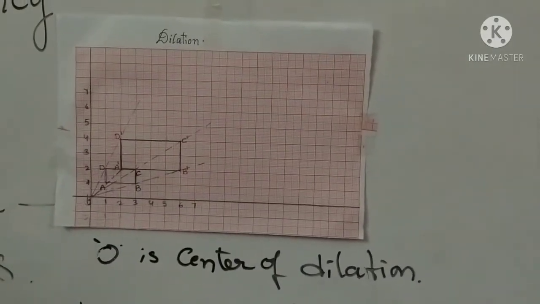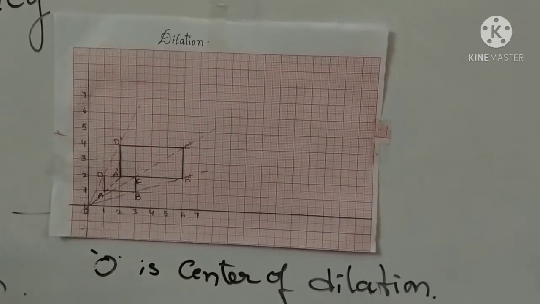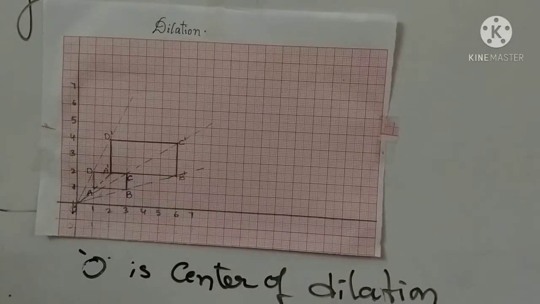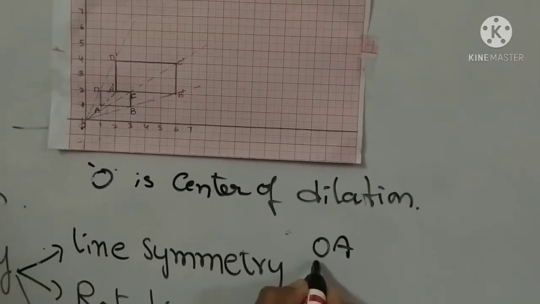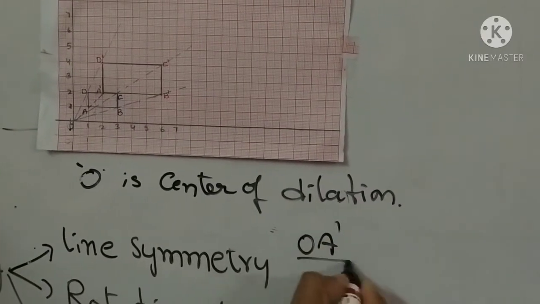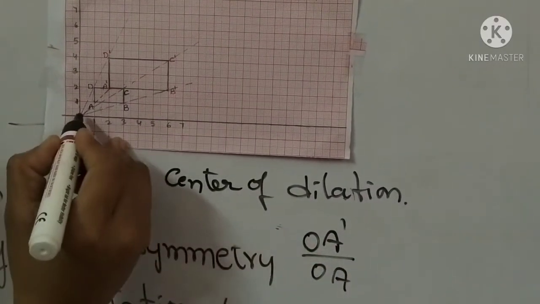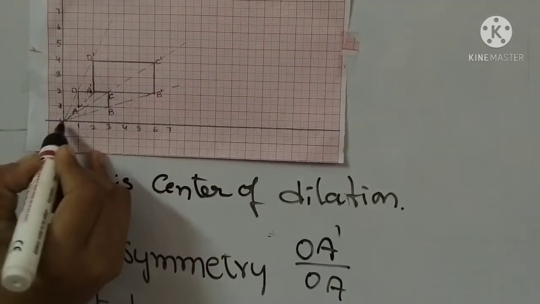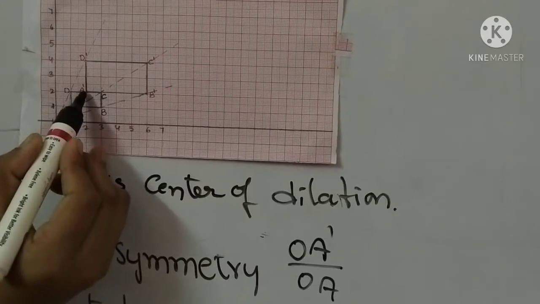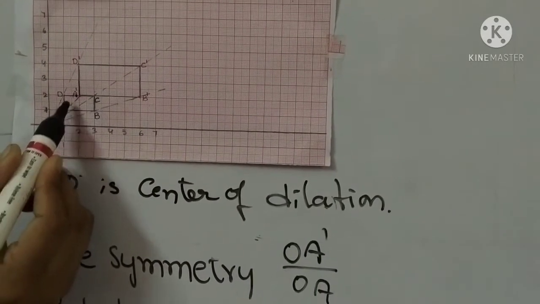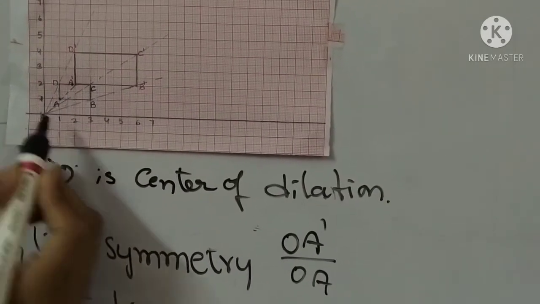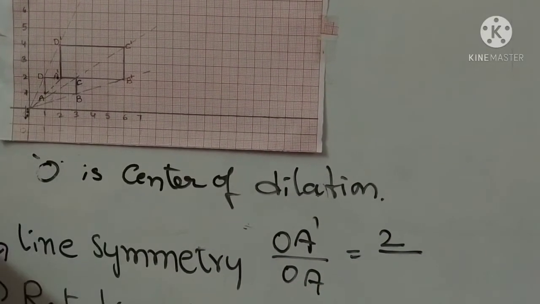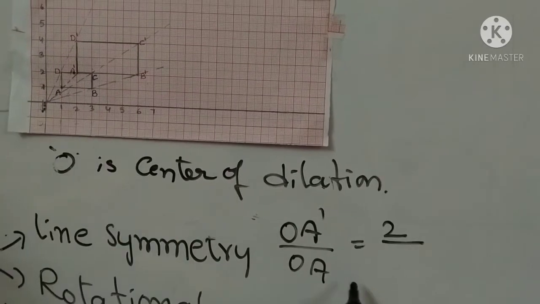Here O is the center of dilation. Observe, children, OA dash by OA. How many units do we take? Here to here 1 and here to here 1, so OA dash is 2 units, 2 centimeters, divided by OA, which is 1 unit.